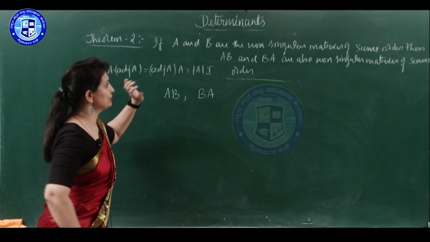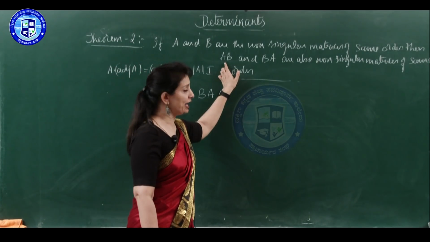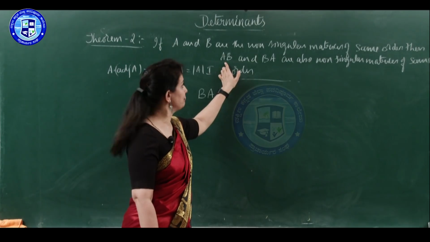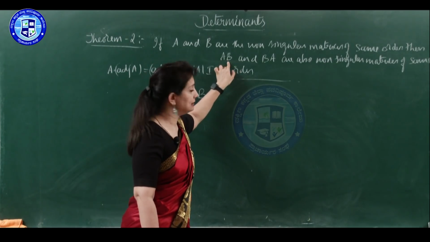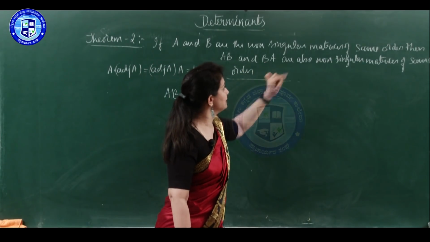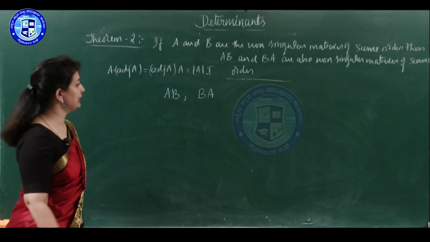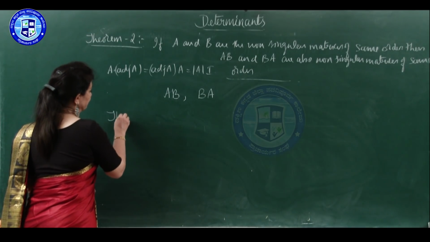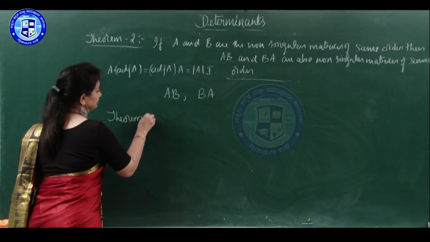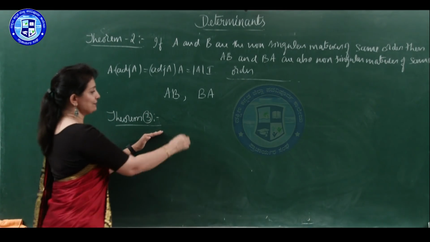Okay. This is just to remember: A and B are two non-singular matrices of the same order. When you multiply the two non-singular matrices, you will get a non-singular matrix again, AB of the same order, and BA also a non-singular matrix. This is theorem 2. Similarly, theorem 3 is very simple.